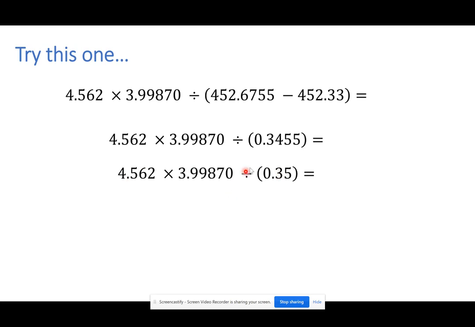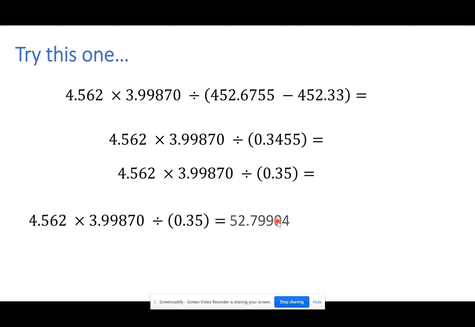So multiply, divide. When we multiply and divide, that's where we're talking about weakest link. So this guy has 4 sig figs. This one has 1, 2, 3, 4, 5, 6 sig figs. This one only has 2. So when I plug these numbers into my calculator, it's going to spit out a ridiculously large number.